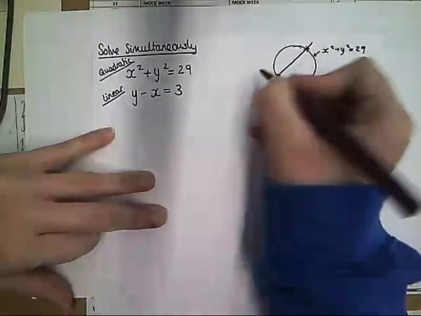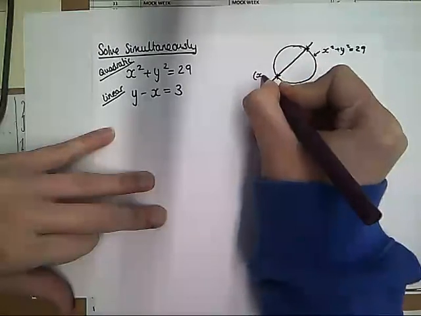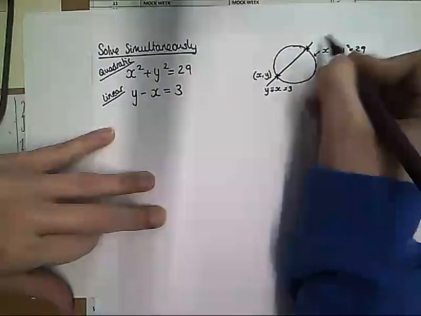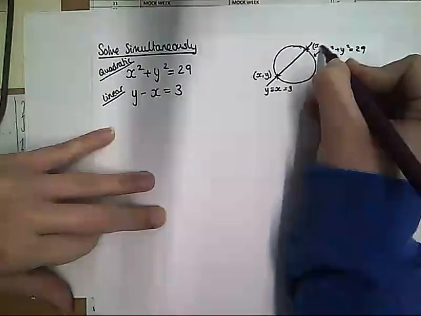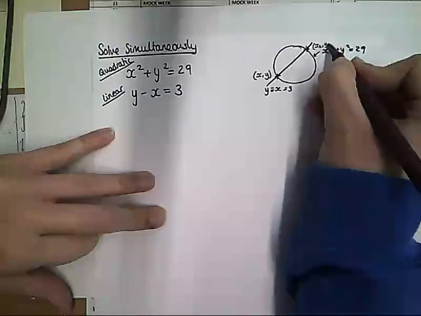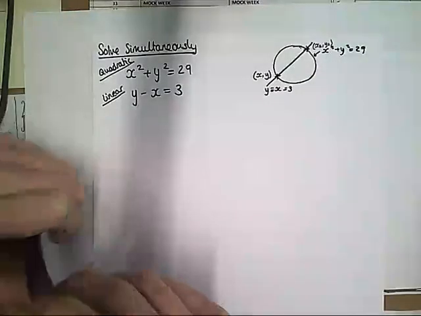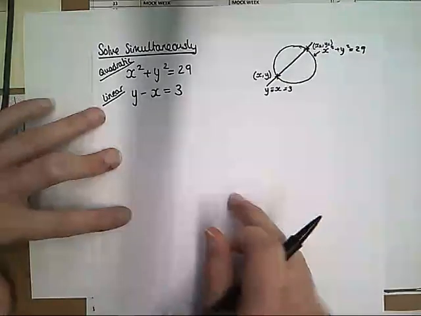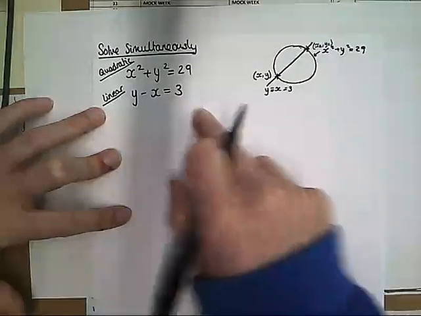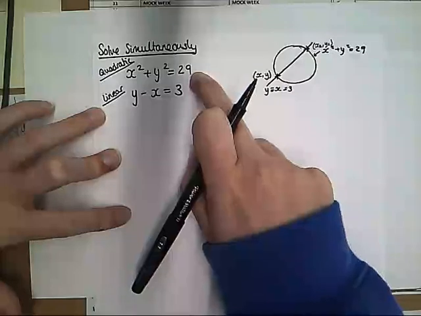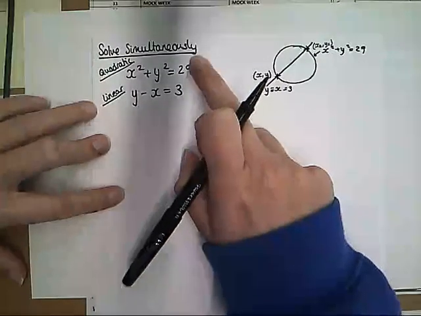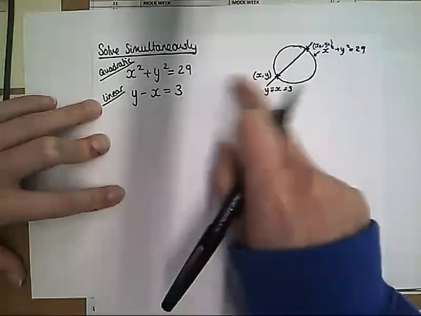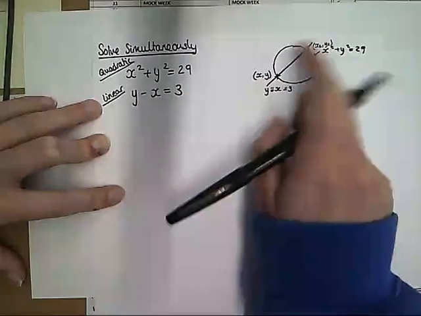Now, points are given as coordinates, and the coordinates have an x value and a y value. What will normally happen, although not always, is that when you solve a pair of simultaneous equations where one's a quadratic and one is a linear, you will end up with two values of x and two values of y.